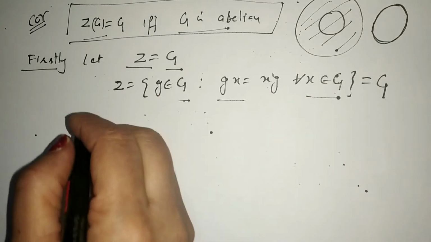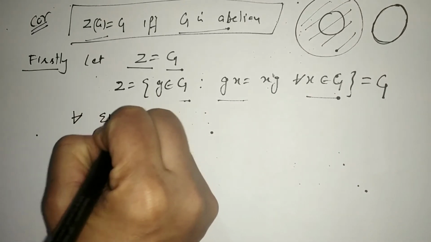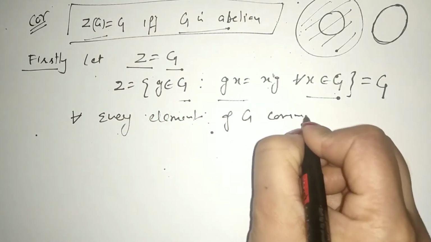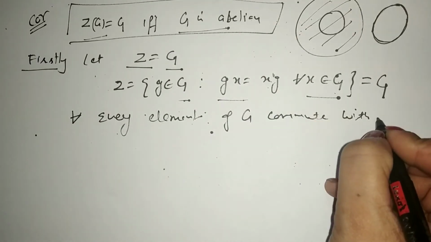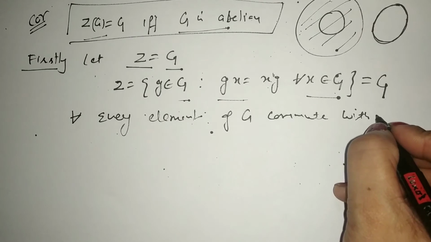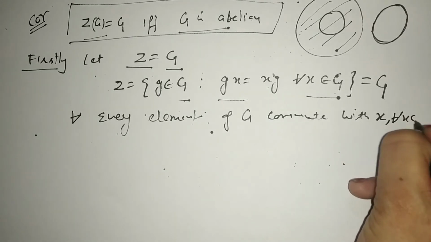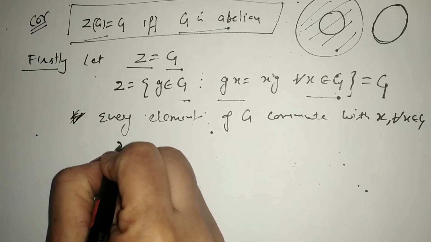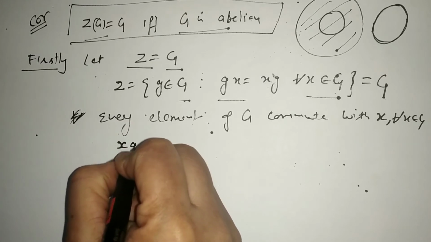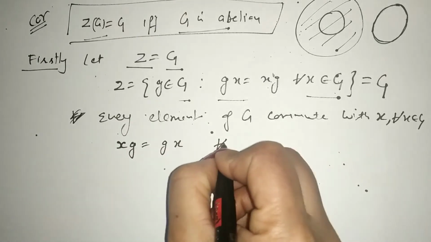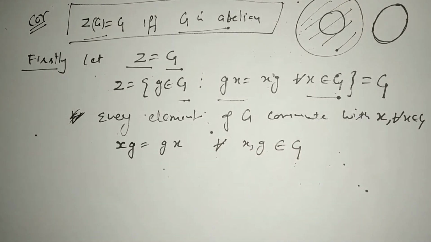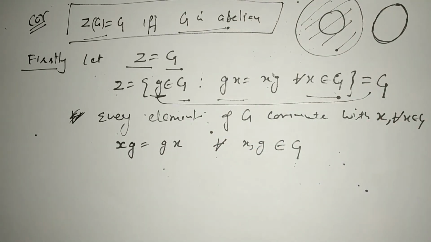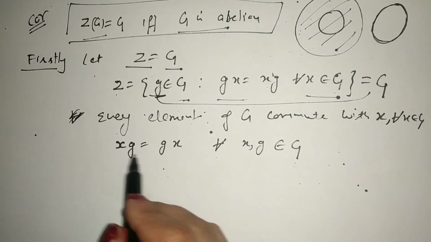For every element, that means every element of G commutes with x for all x belongs to G. That means x into g is equal to g into x for all x, g belongs to capital G, because this set is equal to G, that means this element is also in G and it is commuting with x for all x.